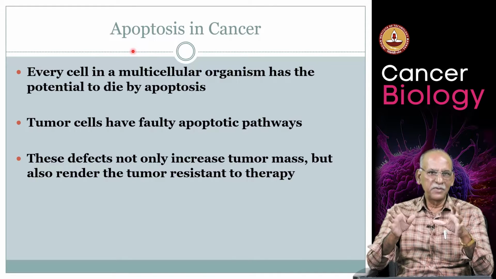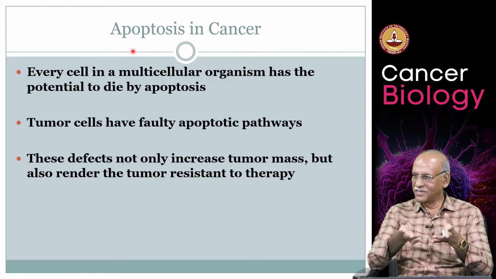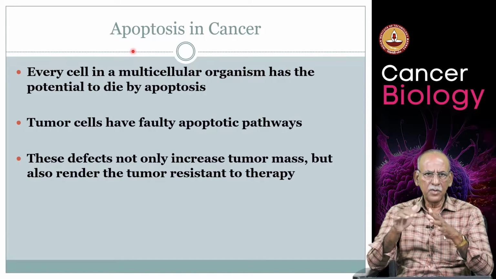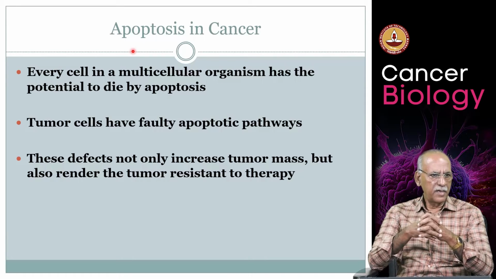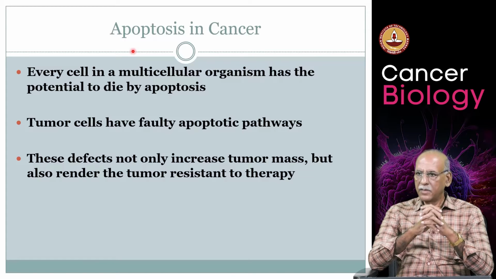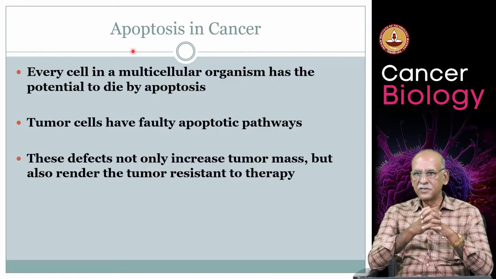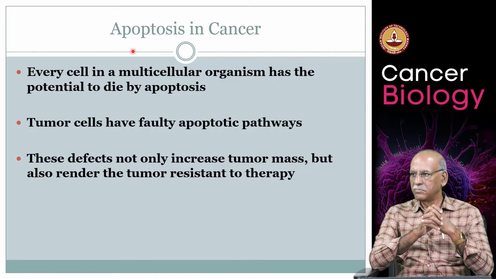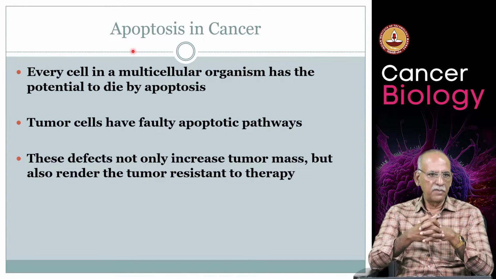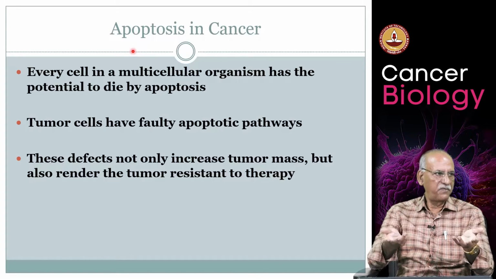Of course, these examples are given just to make you understand. You cannot take it that every example will be suitable. Do not take it that way. The tumor cells evade apoptosis, they refuse to die because they want to live, they want to propagate, they want to proliferate.